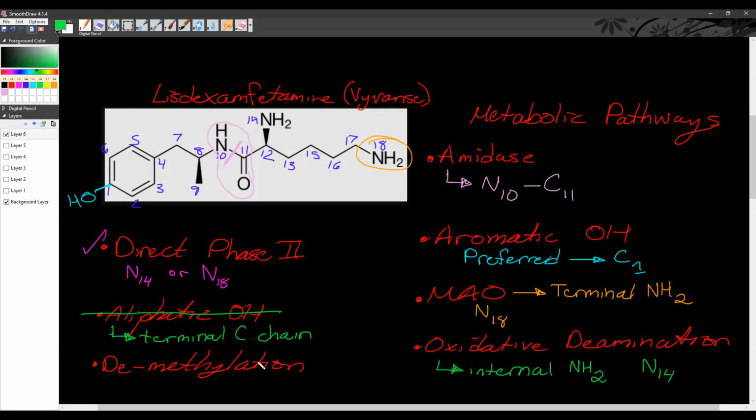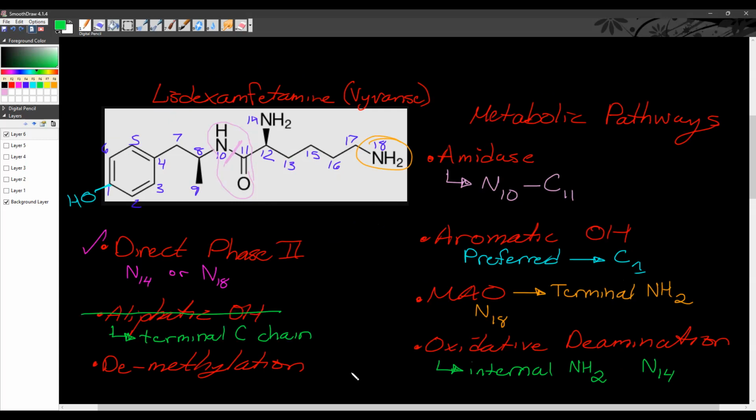So we're talking about a chain that comes down on its own, not the fact that it just has a carbon chain. Where does aliphatic hydroxylation prefer? That terminal carbon. There's no terminal carbon on the structure in order for it to exist. There's a good bit of explanation there.